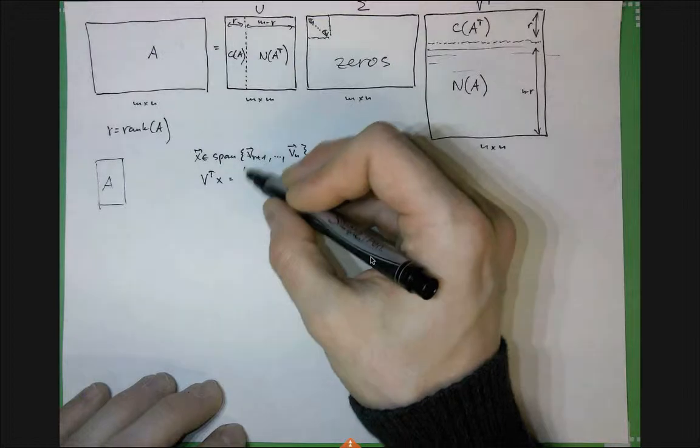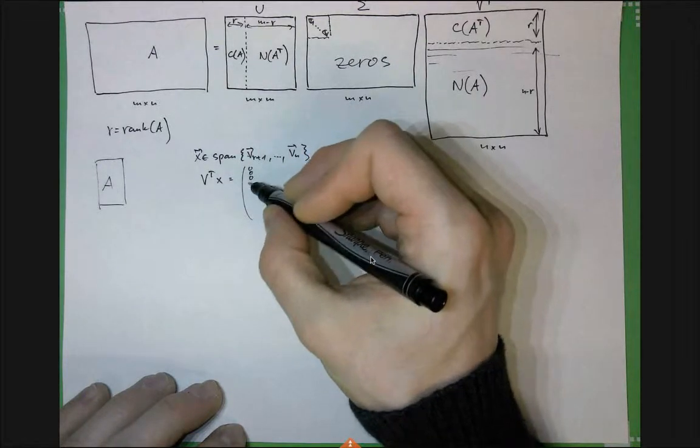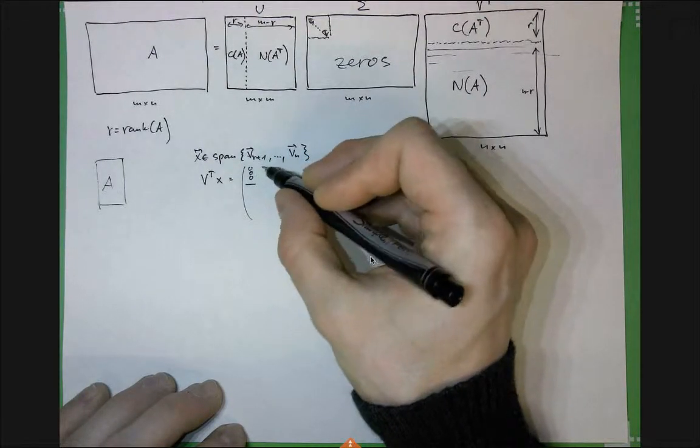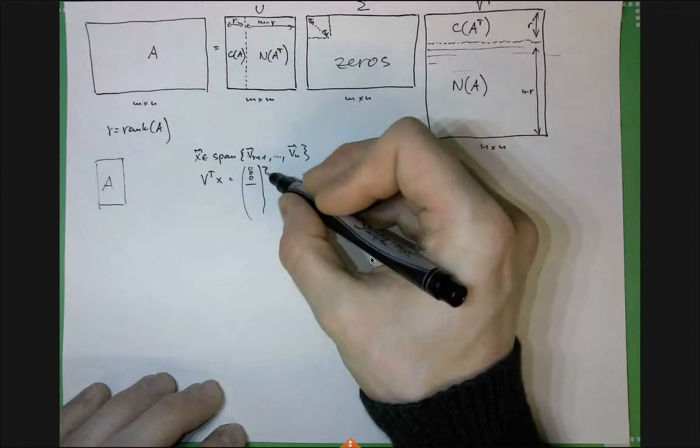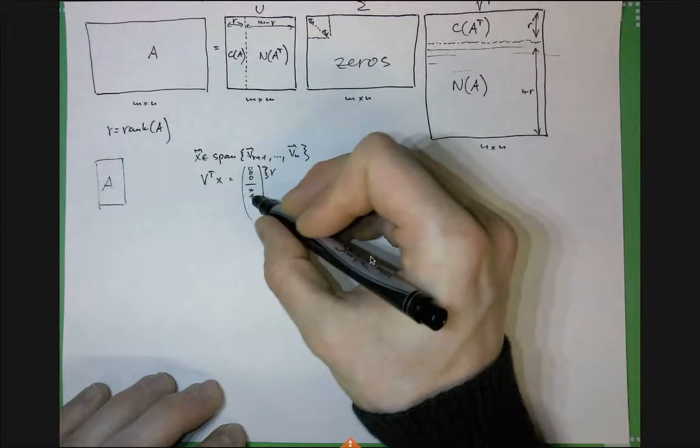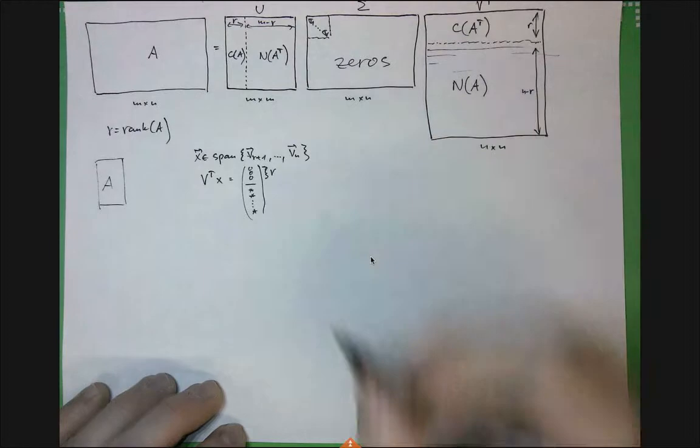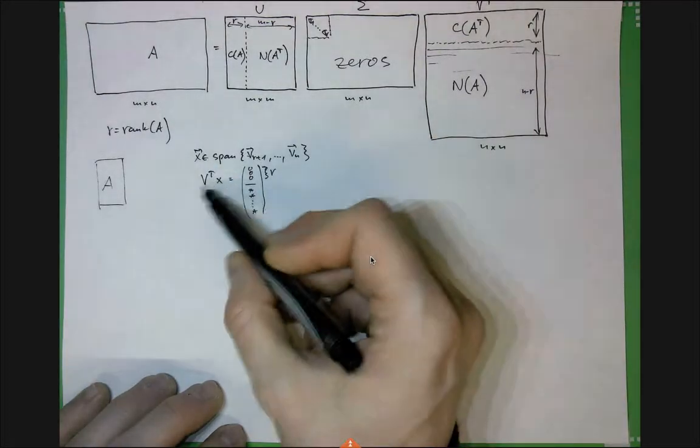So I'm going to get a vector which is all zeros up to R. So there are R zeros, and the rest might be non-zeros, right? So this is what I get with V^T x.